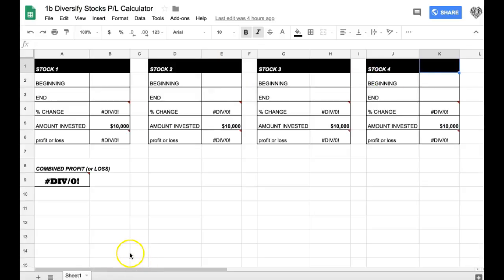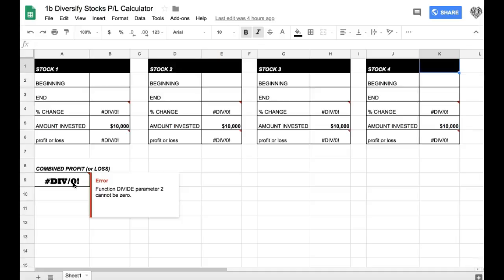And they watched the stock for the remainder of the period while we discussed some things, just watching their stock go up and down. And at the end of the period, we had them type the price, and we were able to see what the percent of change is from the beginning to the end during that short time period, and how much they profited or lost of their $10,000 investment based on that. And then here is the total, the combined profit or loss overall.